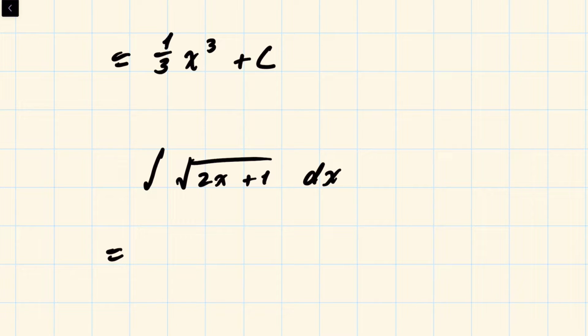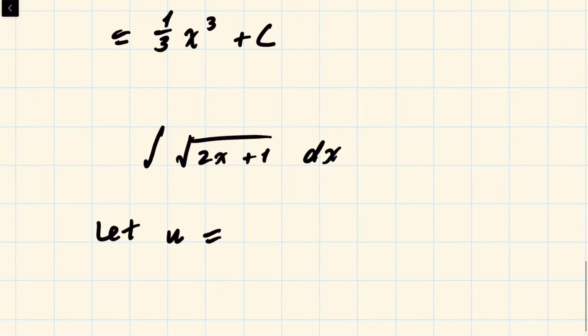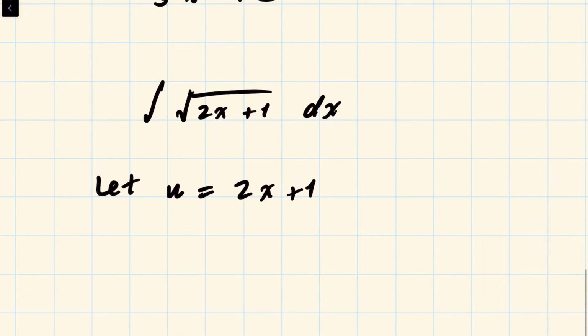We would have to use u substitution. So we're going to say, and bear with me here, let u equal what is under the radical there. So we're going to say let u equal 2x plus 1. And so we're going to differentiate both sides here in a way.